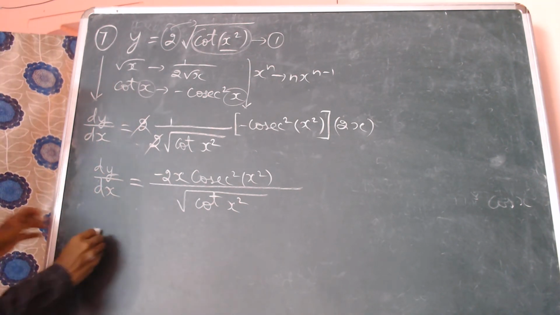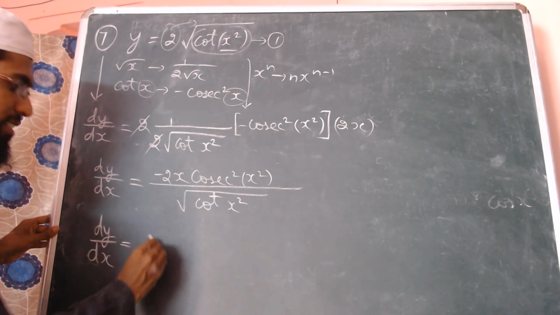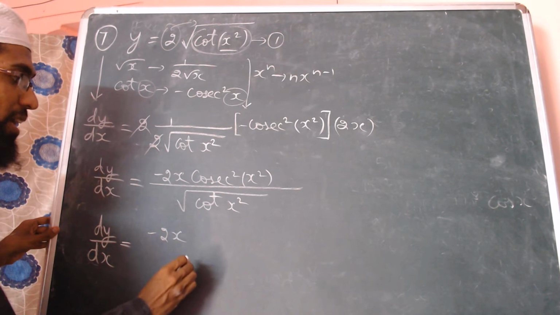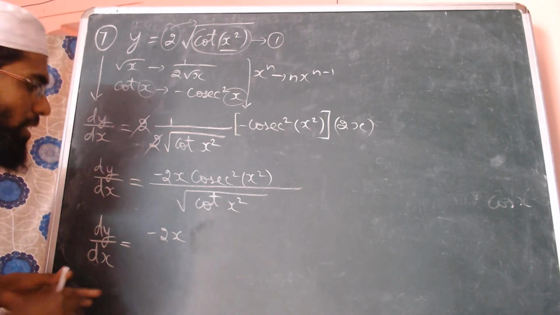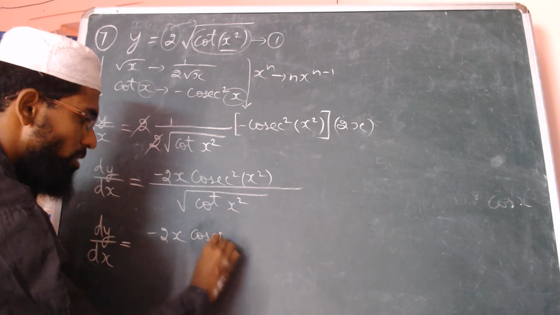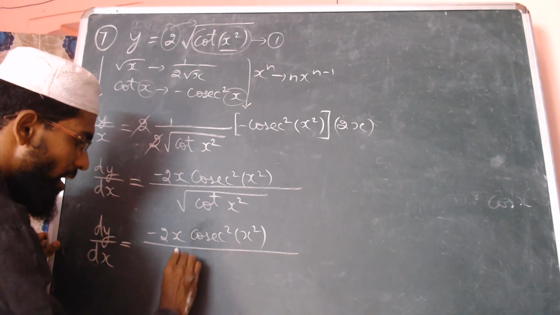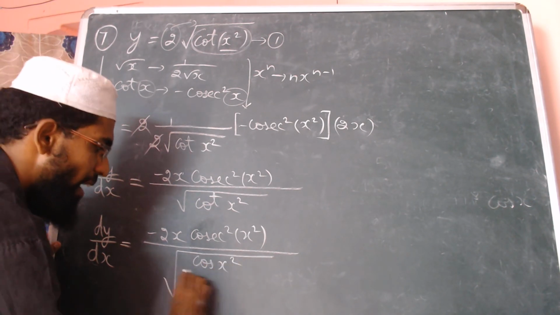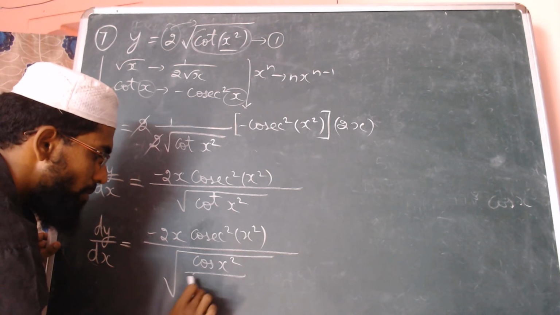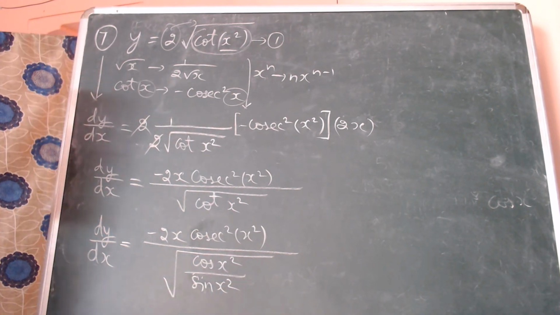So dy by dx equal to minus 2x cosecant square of x square divided by root of cos of x square by sine of x square.